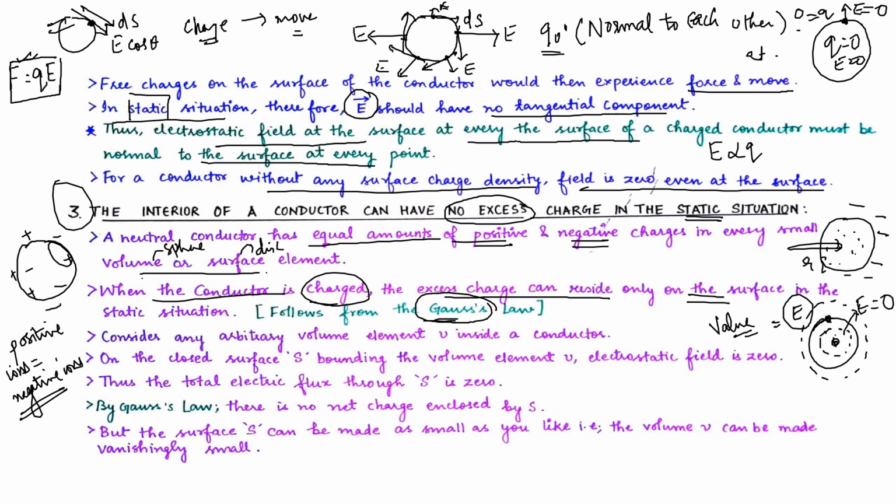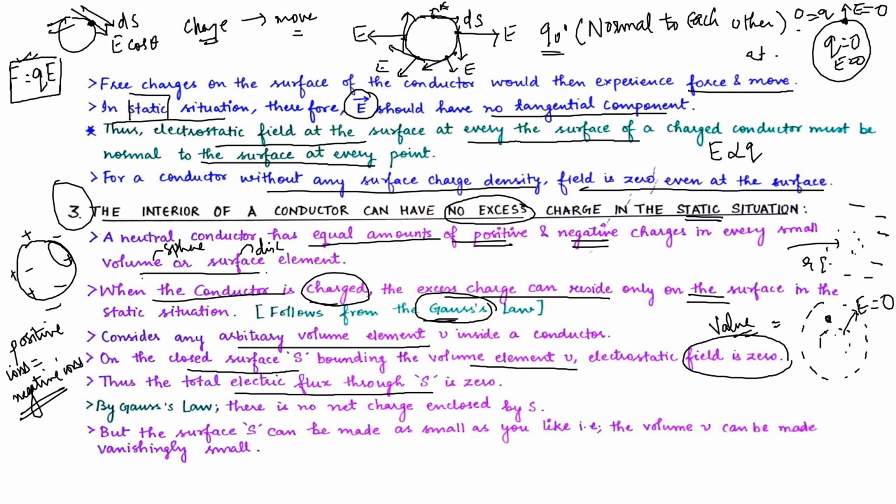Now consider any arbitrary volume element V inside the conductor, on the closed surface S bounding the volume element V. Electrostatic field is 0. Of course inside it is 0, as we have read in point 1. Thus the total flux through S is 0. Of course it is 0, because when there is no electric field available, from where will the flux come?